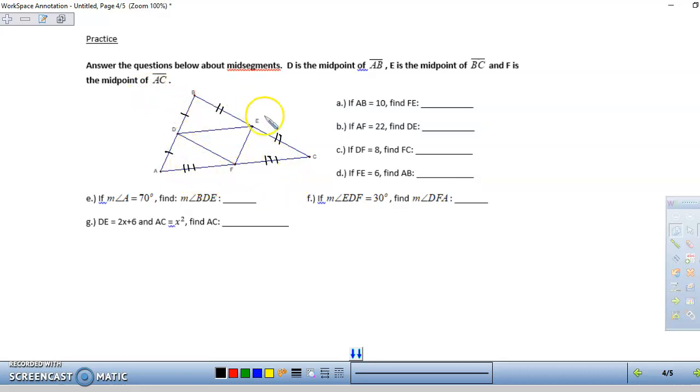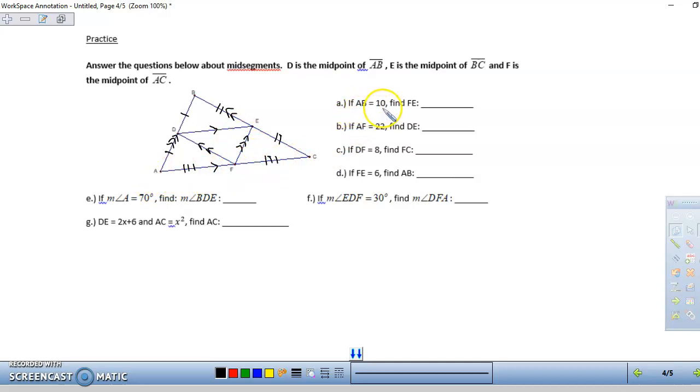Okay, once you have all of these midpoints marked, you can start marking parallels here, and for all of these. Okay, so I know these are parallel, those are parallel, and those are parallel. You can also conclude that the midsegment is going to be half the length of its parallel side.